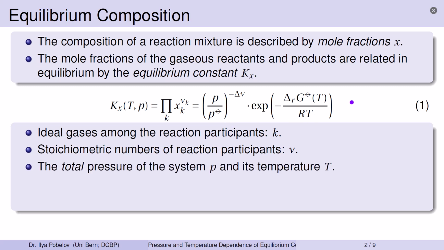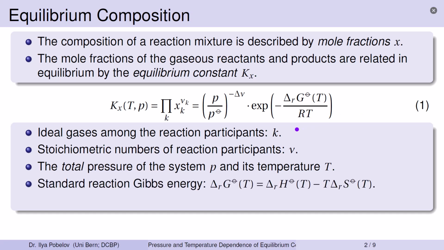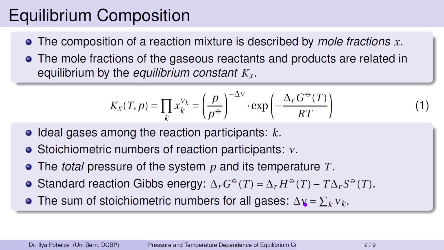In this equation, P stands for the total pressure of the system, while T denotes its temperature. Delta_r G standard represents the standard reaction Gibbs energy at temperature T, while delta nu is the sum of the stoichiometric numbers for all gaseous reaction participants.